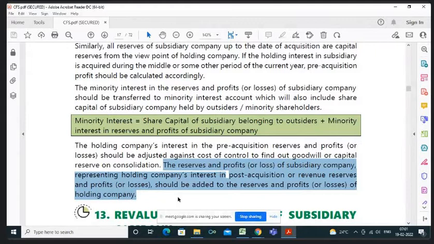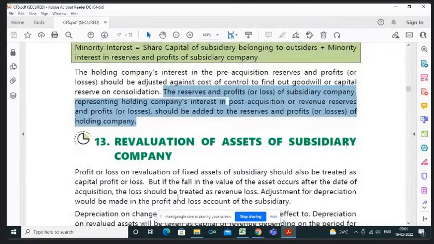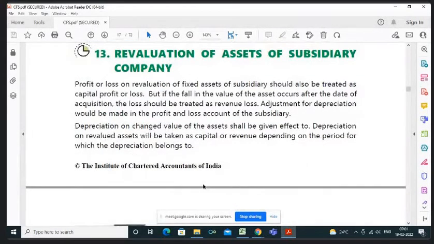We have to read about a few more concepts, then we will start with the practical problems. Then there is one more concept called revaluation of assets of subsidiary company. So how to deal with this? Profit or loss on revaluation of fixed assets of the subsidiary should also be treated as capital profit or loss.